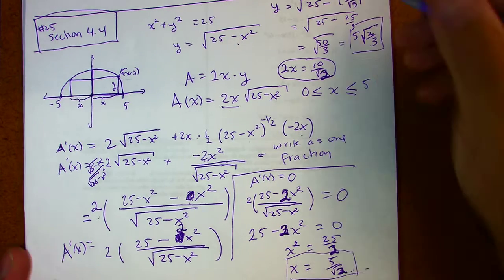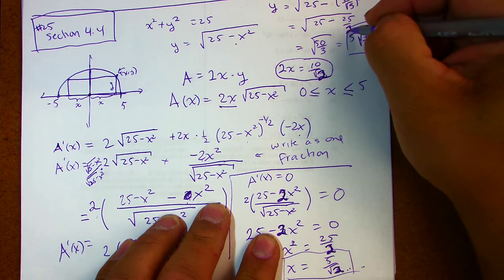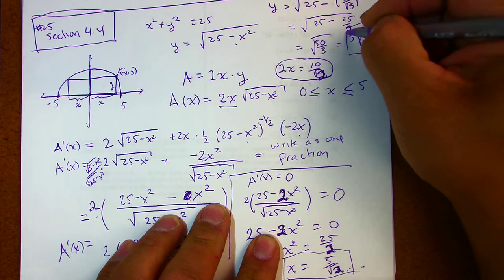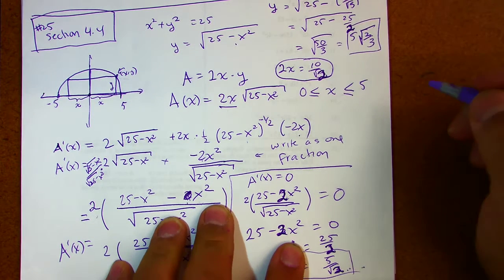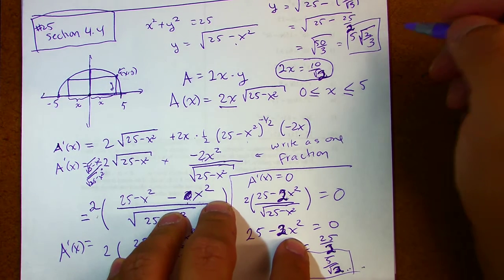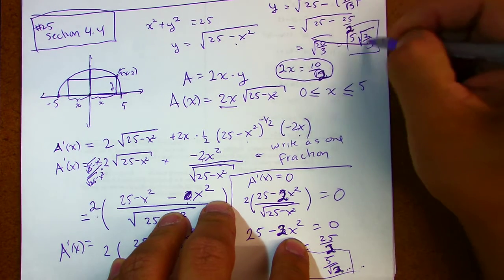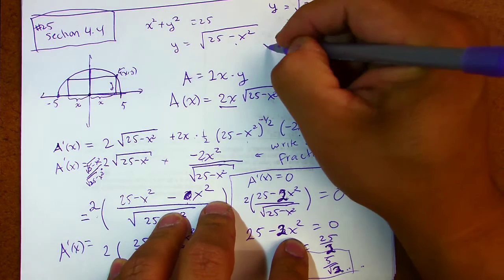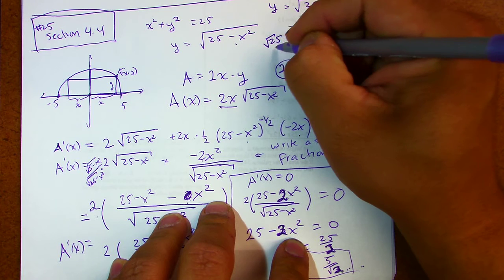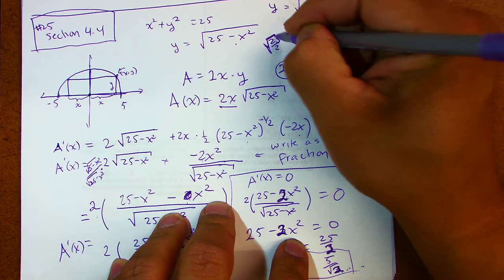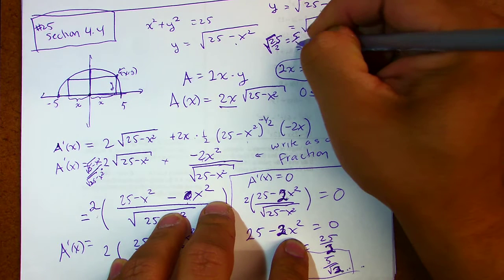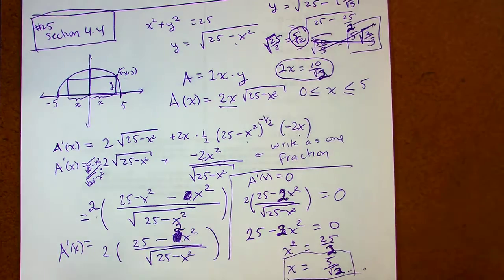And over here, when we have 25 halves, that'll be 50 halves. We have 25 over 2, or 5 over root 2 for my y.